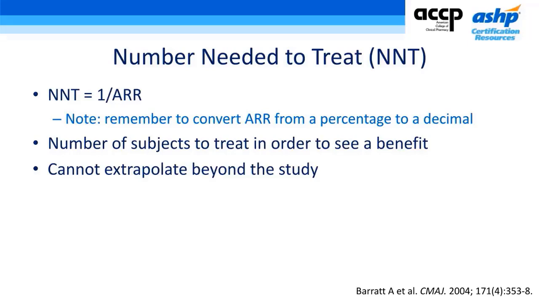And what this number equates to is the number of subjects needed to treat in order to see a benefit in one participant. Now, I want to point out that you cannot extrapolate this number needed to treat to the general population. It only describes the number needed to treat within the confines of the study as described in the article.